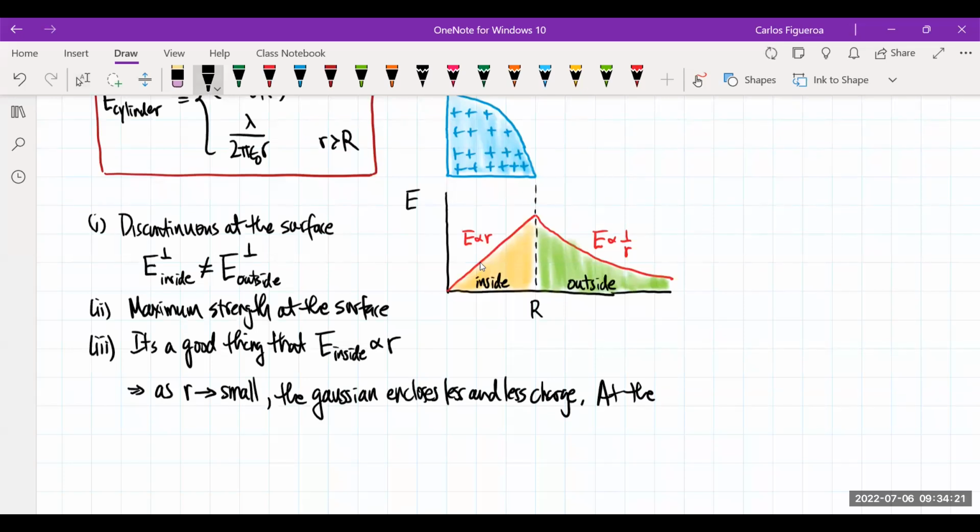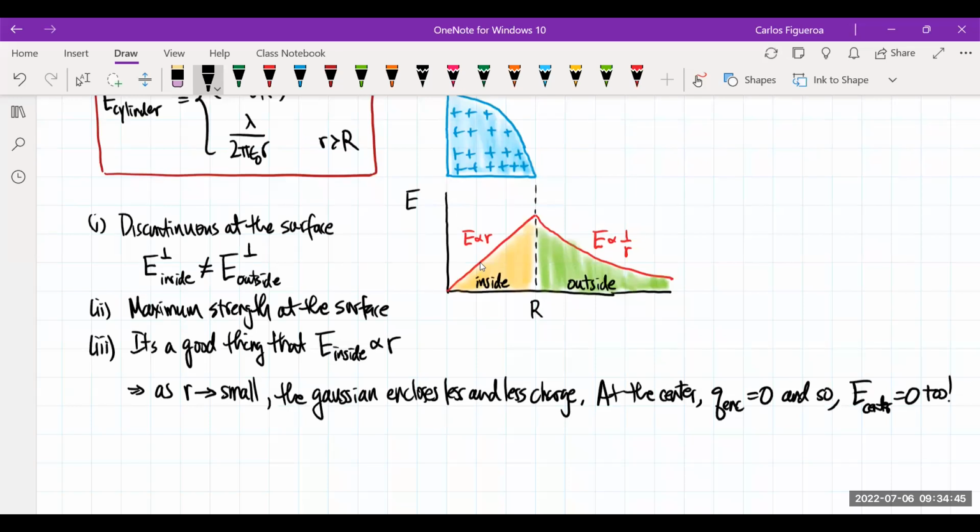At the center, Q enclosed is equal to 0, and so the E field at the center is equal to 0, too.